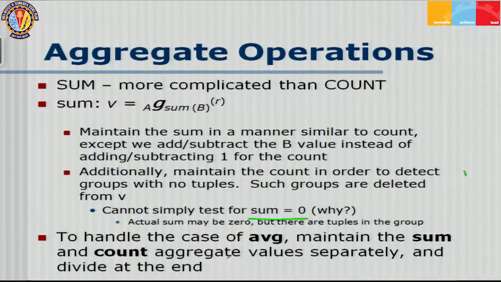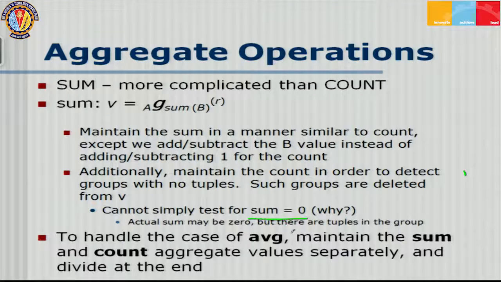Sum may be 0 despite the fact that there may be some tuples in that group, because they all are contributing 0 towards the sum. So we cannot just look at the sum and remove that group from the view. The actual sum may be 0, but there are tuples in the group.